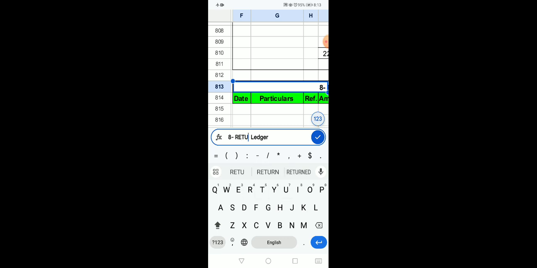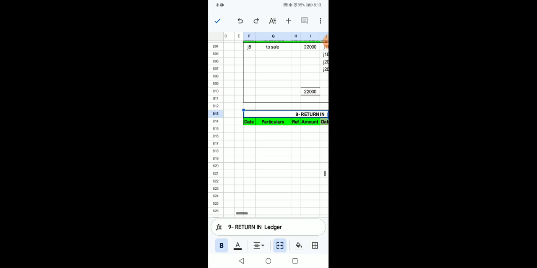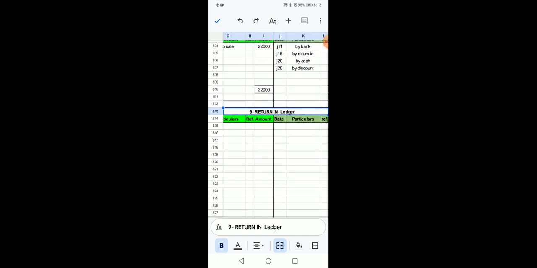Now we are doing return in. The title has been changed, and change the number as well. So this way you can see that all headings of the previous ledger are the same as the headings of the current ledger. We have just changed the title and ledger number.